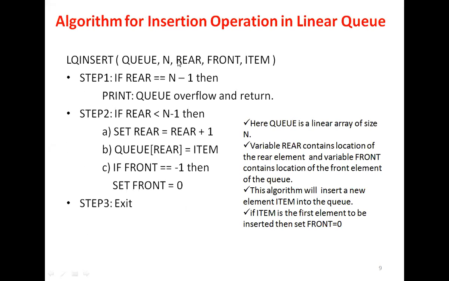But while writing programs, normally what we do is declare the queue, front and rear globally. So that whenever you do some insertion or deletion operation, it will be updated everywhere it is used.